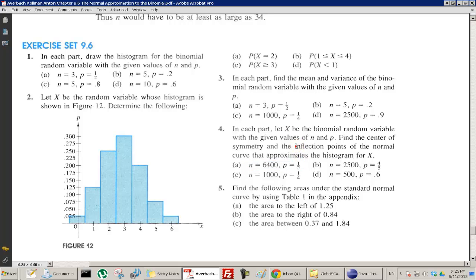Those are going to be the inflection points. Remember, the inflection points are where the curve changes from facing downward to facing upward, or we said concave down and concave up.